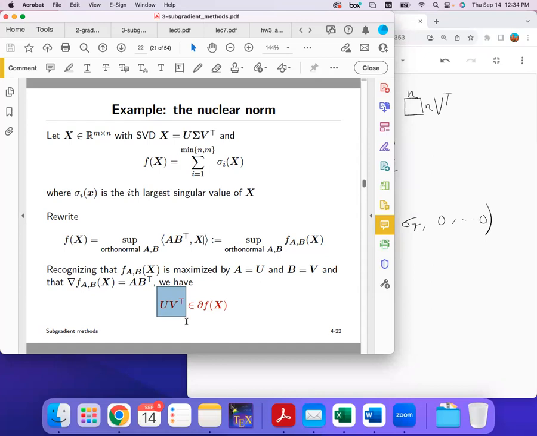So this belongs to the subdifferential of f. In fact, the subdifferential of this function is more general, and this is just one special element in the subdifferential set. And actually, this is a convex function. This is a norm, and it takes a matrix as input.